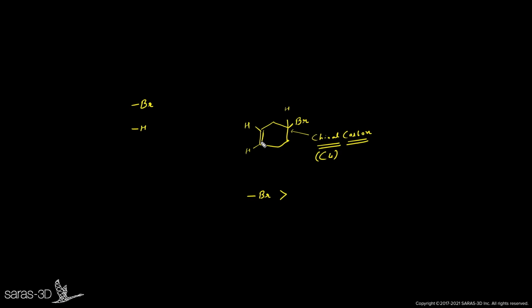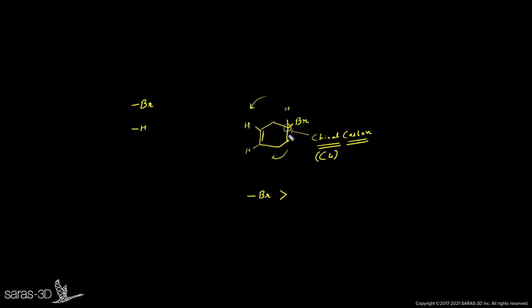Okay, let's understand again. Starting from this carbon, if we move in the anti-clockwise direction, we have CH2, CH, double bond CH. And if we start in a clockwise direction, then we have CH2, CH2, CH double bond CH.